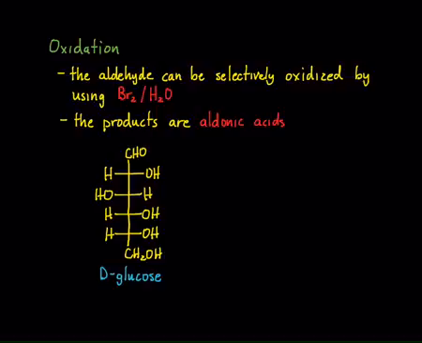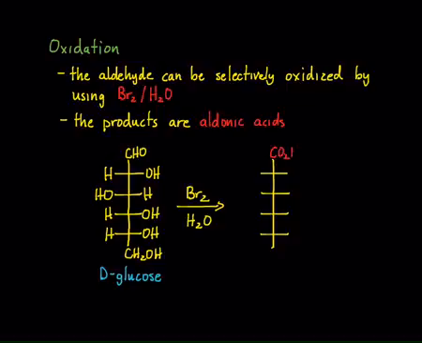Right. So if I take this structure and treat it with bromine and water, what happens is the aldehyde selectively gets oxidized, and all of the other alcohols remain intact, essentially. So all I'm doing is converting the aldehyde into a carboxylic acid, and this is what I get here.